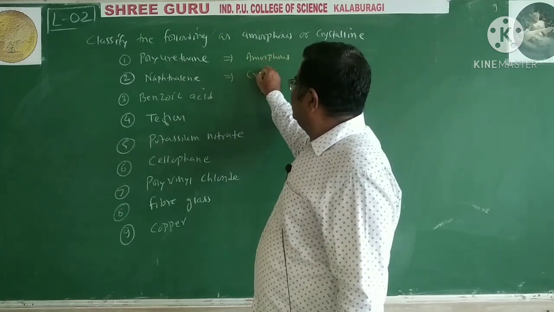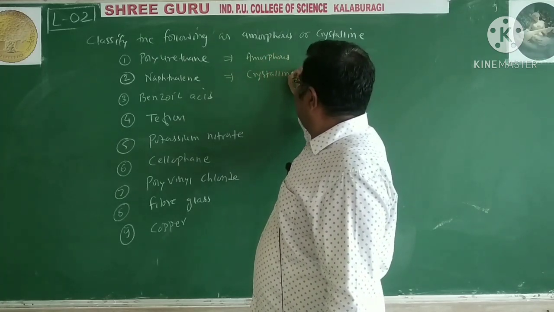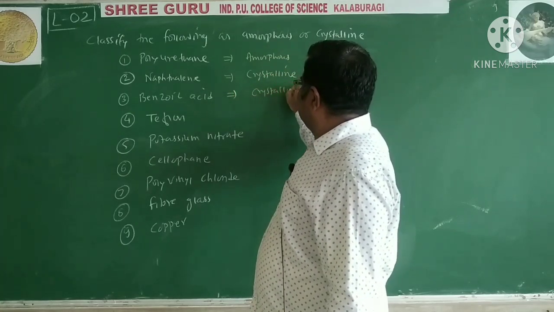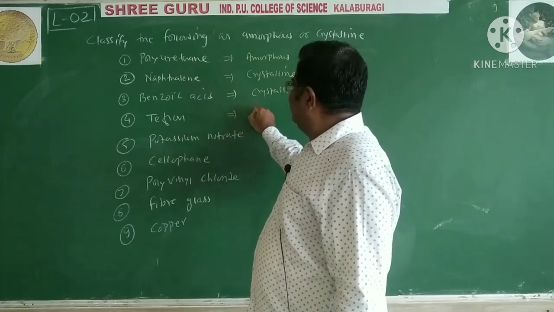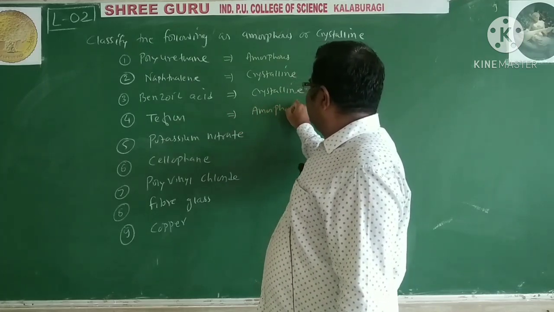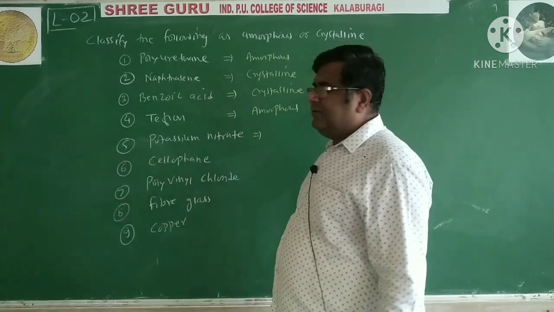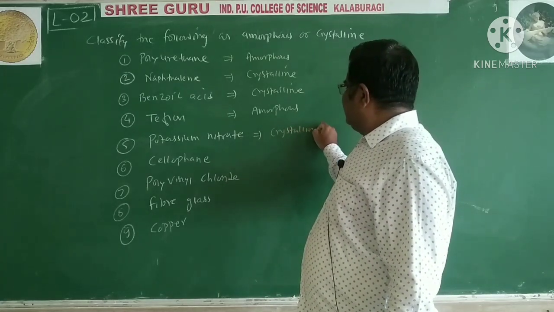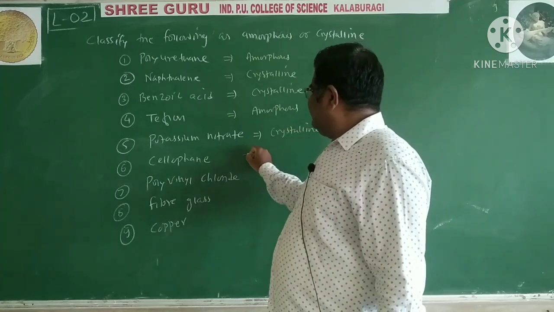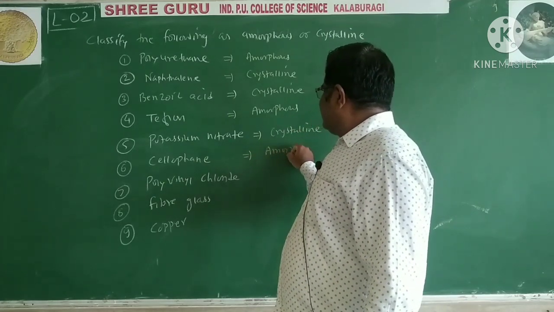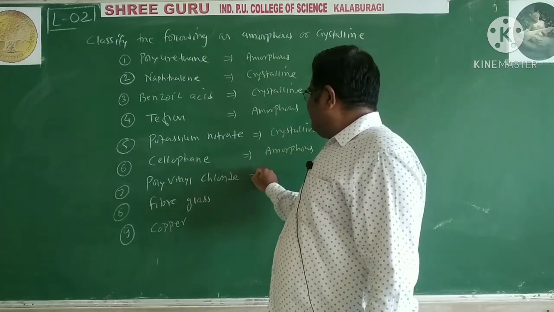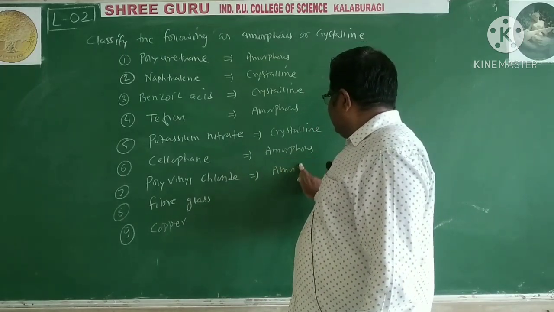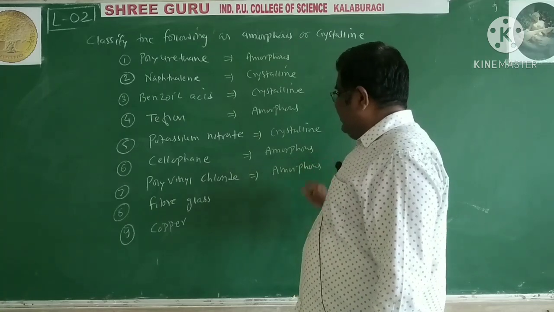Naphthalene is crystalline. Benzoic acid is crystalline. Teflon is amorphous. Potassium nitrate is crystalline. Cellophane is amorphous. Polyvinyl chloride is also amorphous.